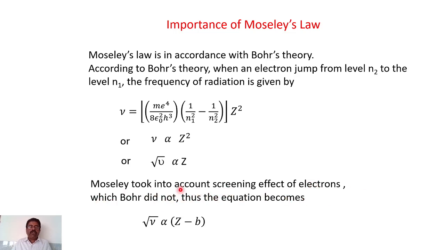The screening effect of electrons was taken into account by Mosley, which Bohr did not, and therefore the equation is slightly different. This is Bohr's equation and this is Mosley's law: under root of nu is directly proportional to Z minus b. The only difference is that here the screening constant has been considered. So this is Mosley's law.